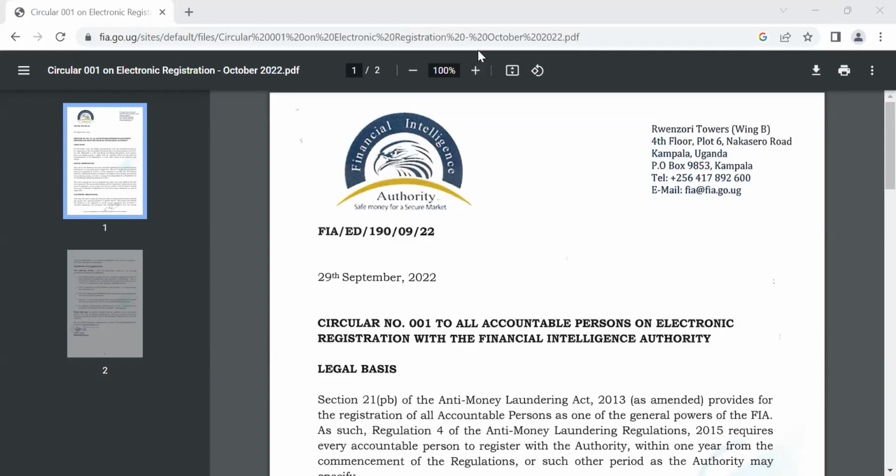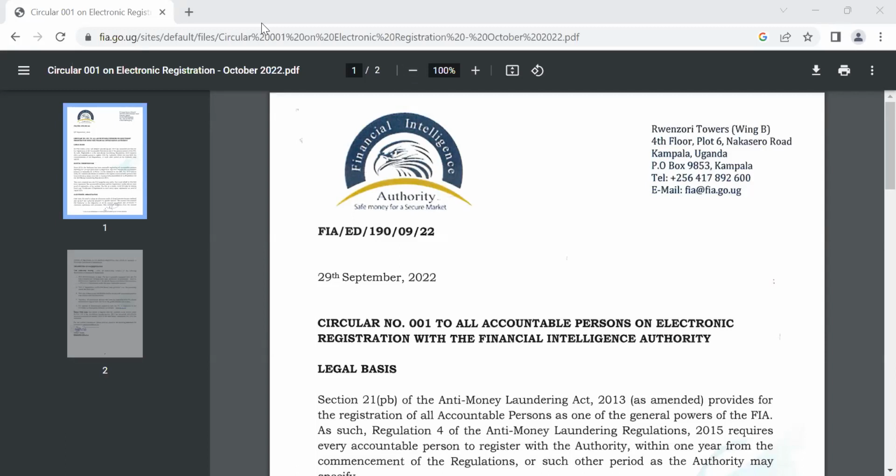Register now once it's valid. That's the more reason you should register now. Otherwise, if you wait for it to expire and then register, there will be issues. You'll have to get clearance from BOU, and that will have to be written to us. So once it is valid, please do register. Don't wait for it to expire. Utilize the time before then.